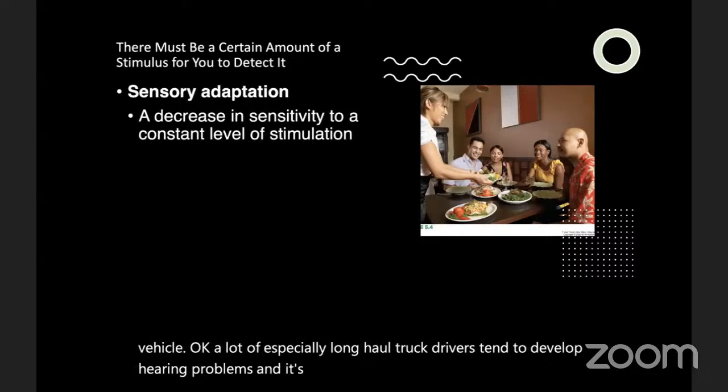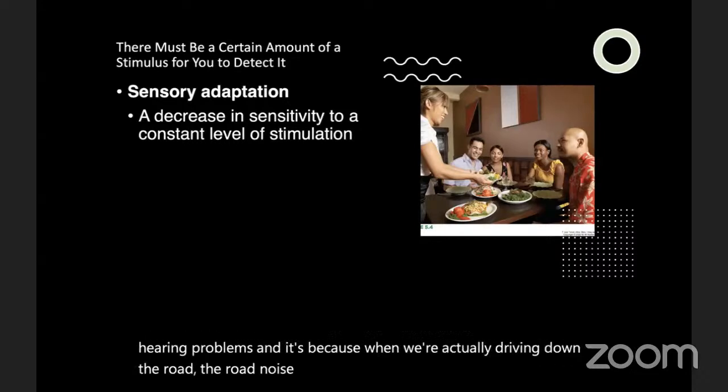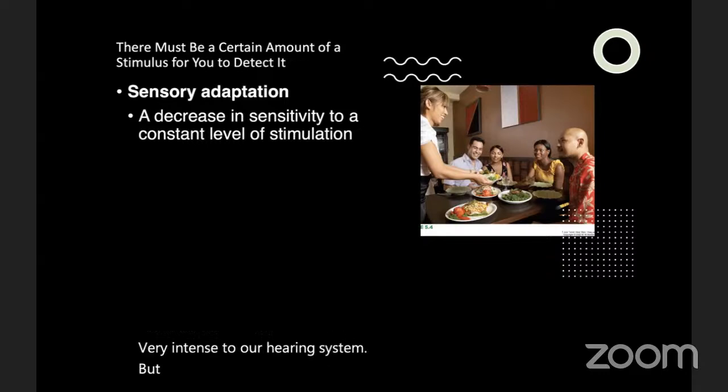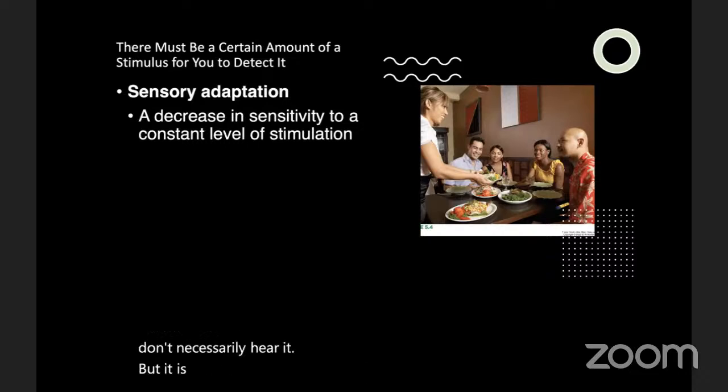And it's because when we're actually driving down the road, the noise and all the cars around us are very intense to our hearing system. But because we're paying so much attention to, for example, driving, the radio, the sensations around us, we adapt to that noise so we don't necessarily hear it. But it is there, and it is actually damaging the ear for a lot of long-haul drivers.